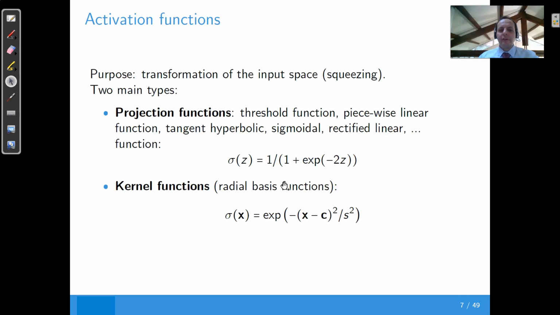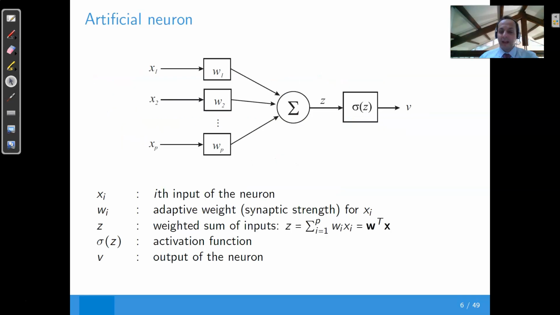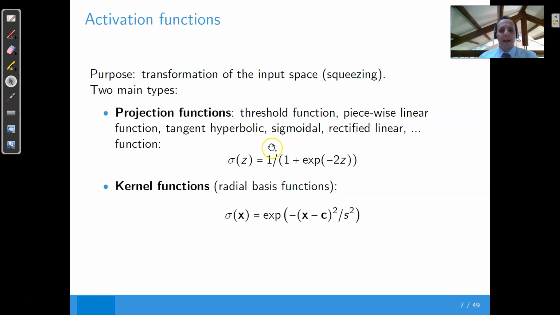We saw also different examples of activation functions. The most used one, at least in our investigations, is the projection function. In general, these are functions which depend on the summation of all the inputs of the neurons.